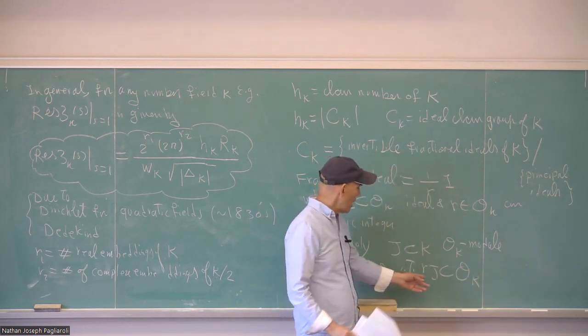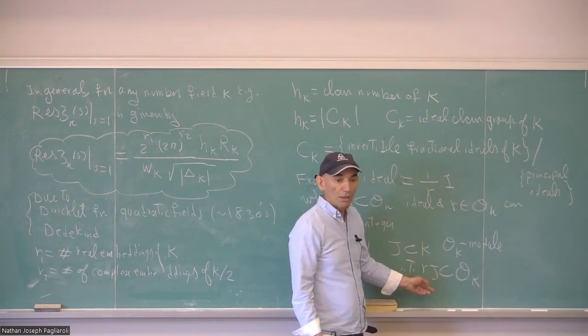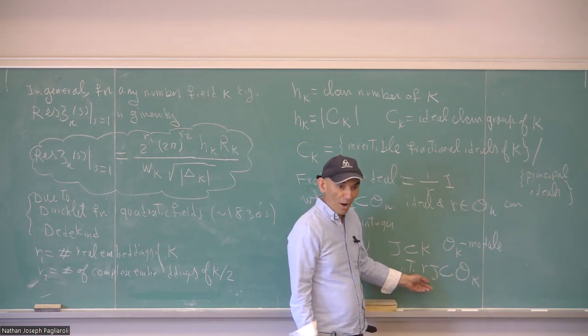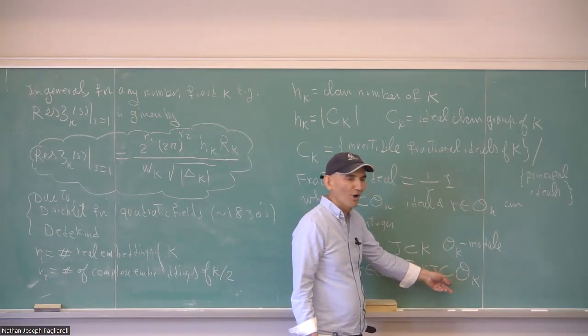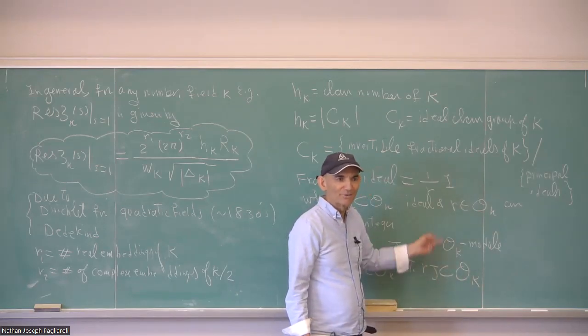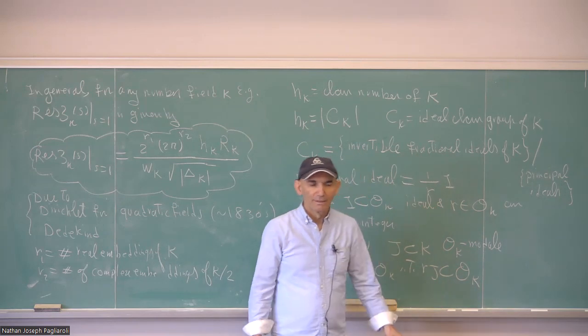Well, obviously, I can call this my I, and then I say that J is equal to 1 over r times I. So you see the two definitions are equal.